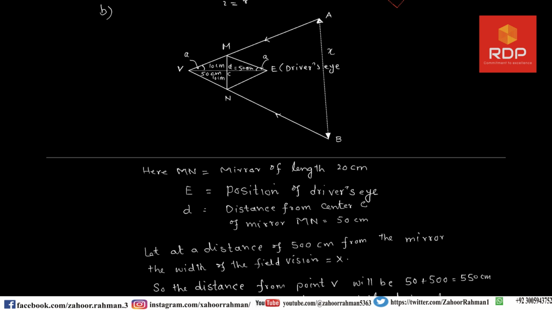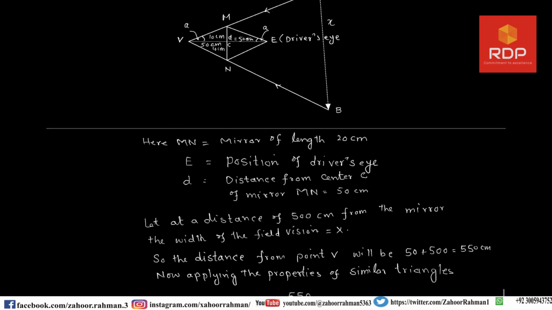Now E is the eye of the driver, and M and N is the mirror. All the distances are given. You can see that from the figure, and then I wrote also that here MN is the mirror of length 20 centimeter.